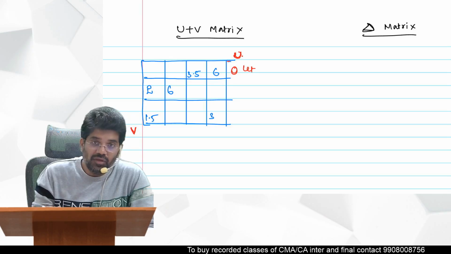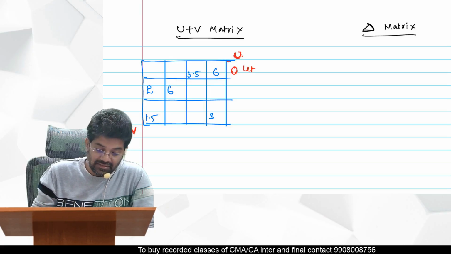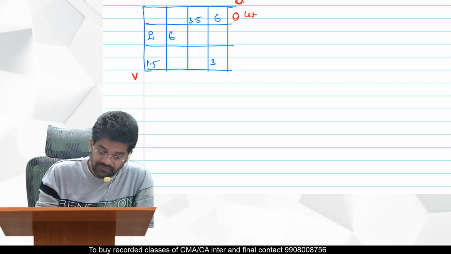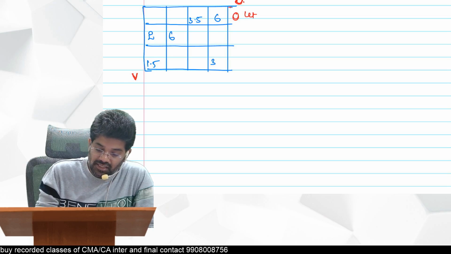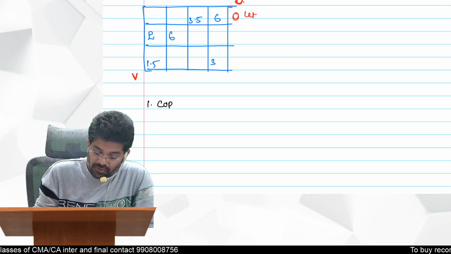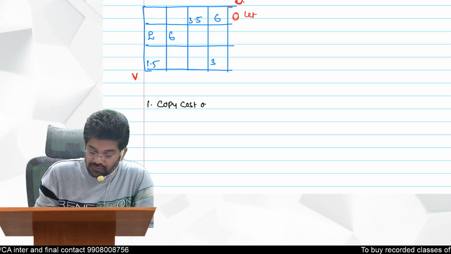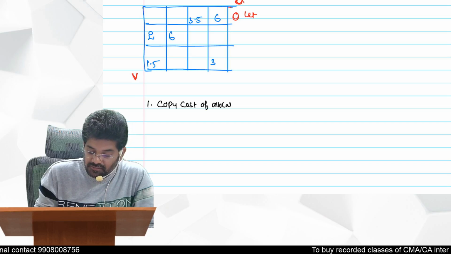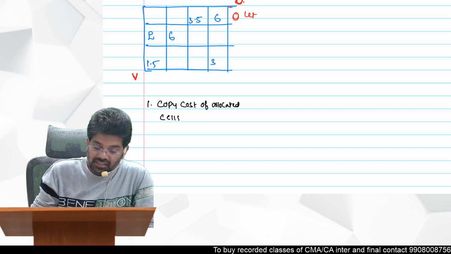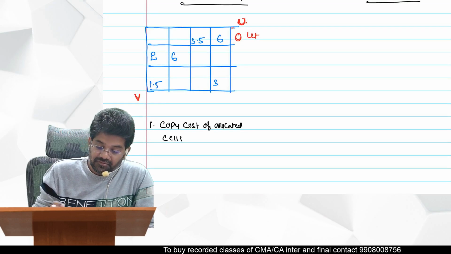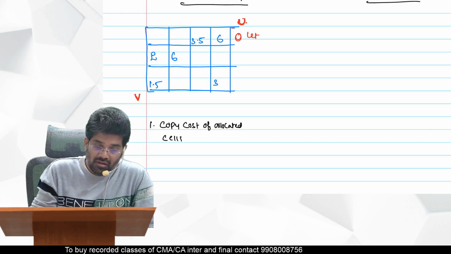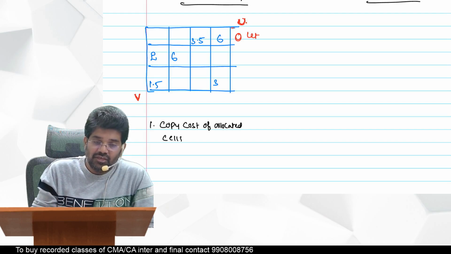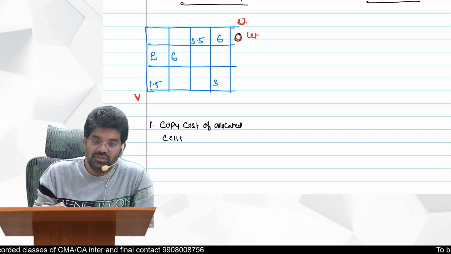Using this, now we need to calculate U plus V. First, we copied the cost of allocated cells here. Yes. Then starting from the first row, take the U value as 0.